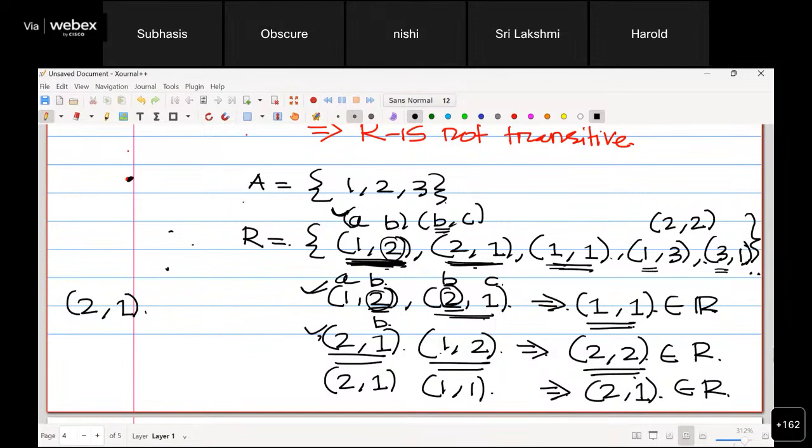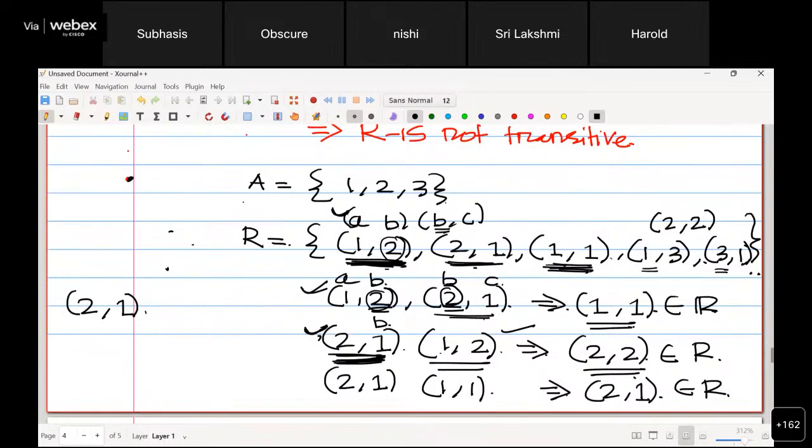So basically I'm fixing 2 comma 1. My first pair is A comma B, and I'm changing this B comma C. So I have started with 1 comma 2. Then the next choice is 1 comma 1.